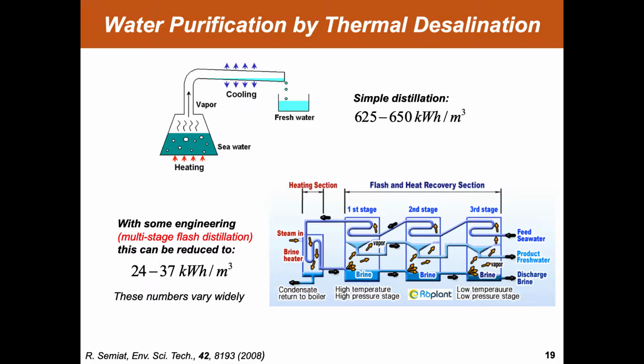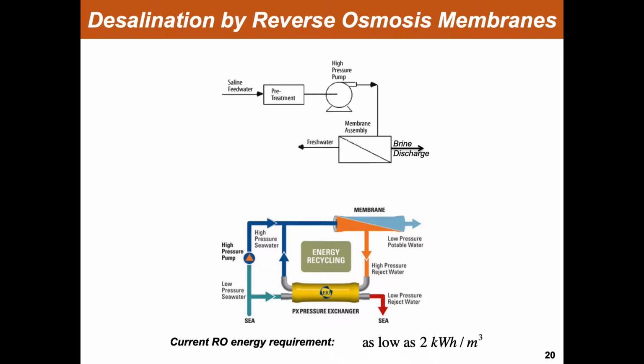And if energy is free, you can afford to do this in an energy intensive fashion. But if you look at this number and then compare it to numbers that are available for reverse osmosis, this begins to tell you why technology like reverse osmosis has now come to dominate this business of desalination in parts of the world where energy isn't free.